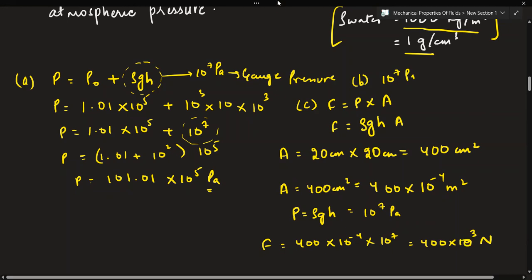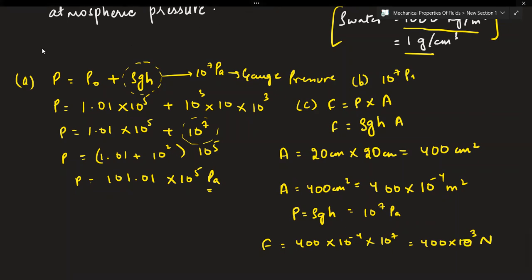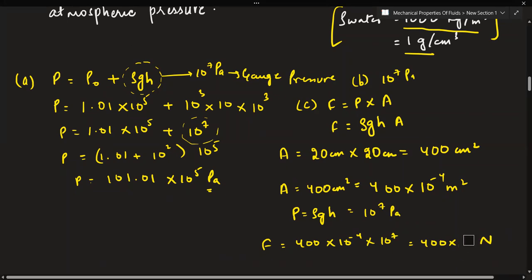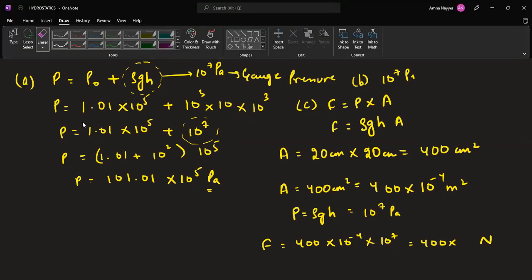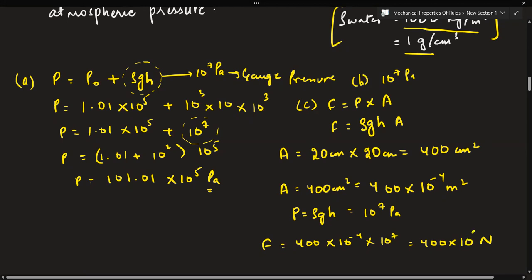Understood? Yes, ma'am. Where was the mistake? You've taken pressure differently. Yes, Hishma? Yes, ma'am. There was a confusion in pressure. Fine.